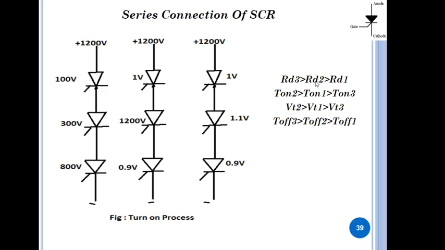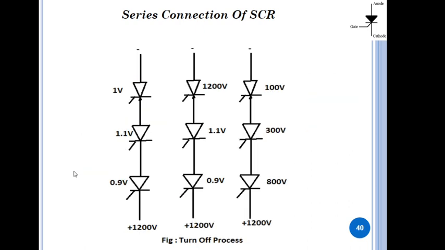According to the dynamic resistance, the SCR having the maximum dynamic resistance will share the maximum voltage. So as per these assumptions and fundamentals, during the reverse process also, when all the SCRs are recovered and in the off state, SCR number 3 will share the maximum voltage compared to the remaining two.